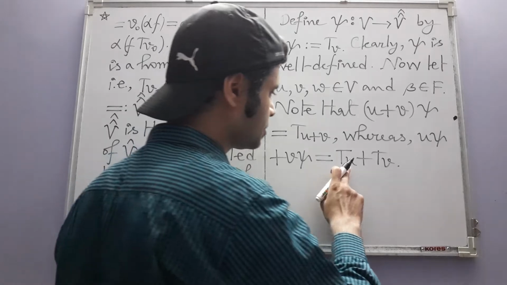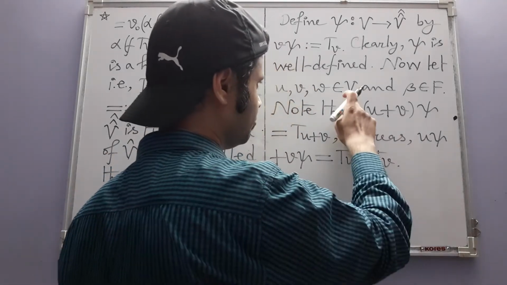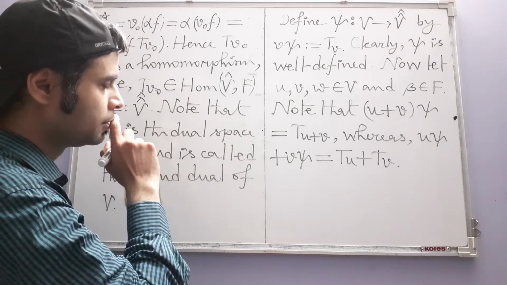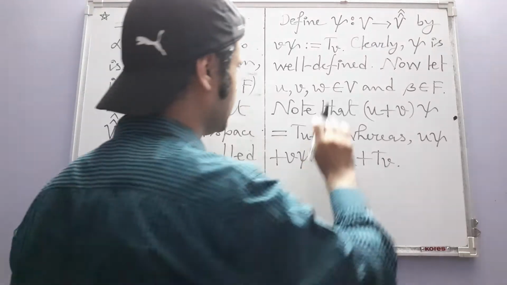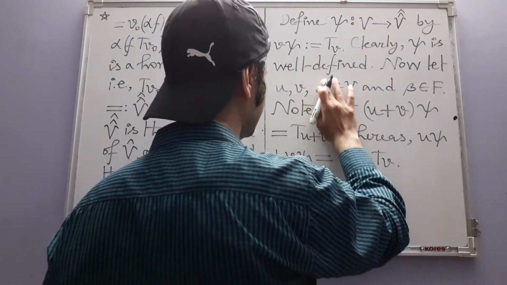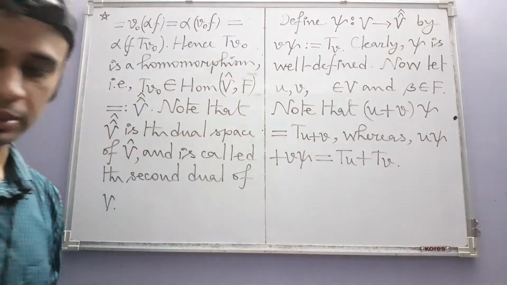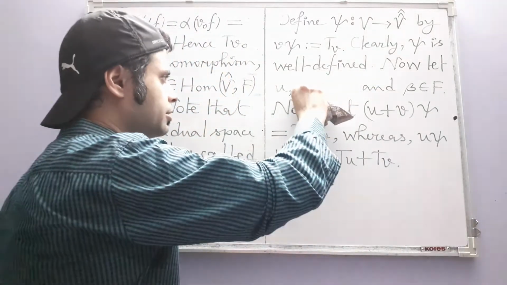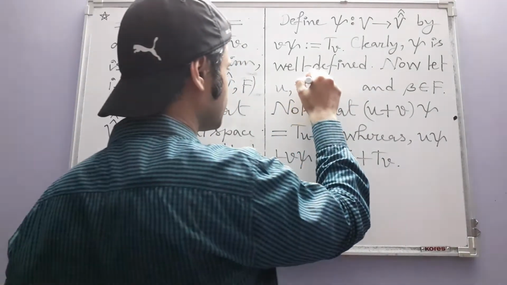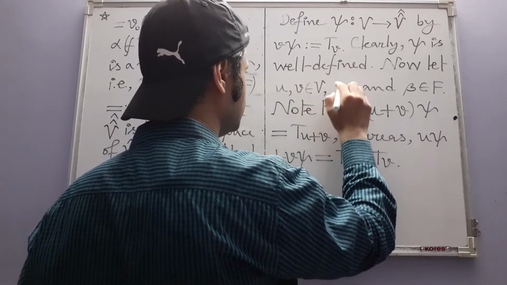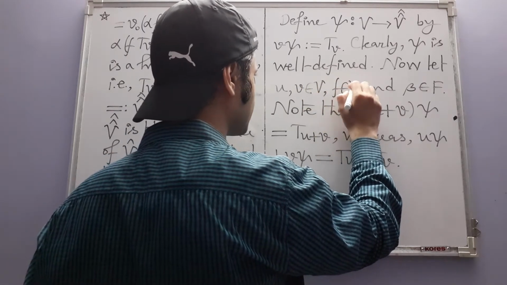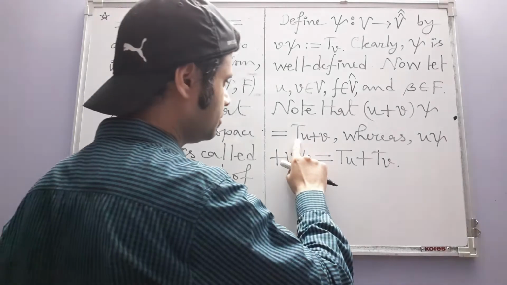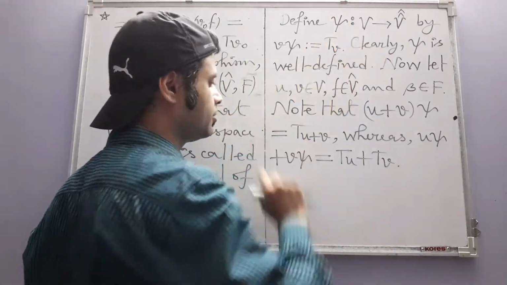So that means we have to see what they do to a vector in V, because after all, okay, no, I made a mistake here. We don't really need three vectors in V itself. Two vectors in V are enough, and a general linear functional f in the dual is needed, because these are elements in the second dual.